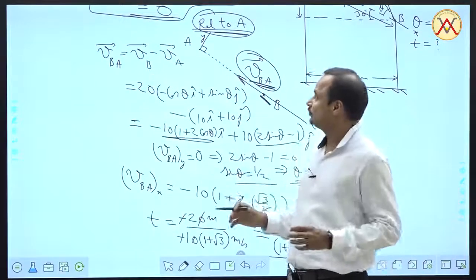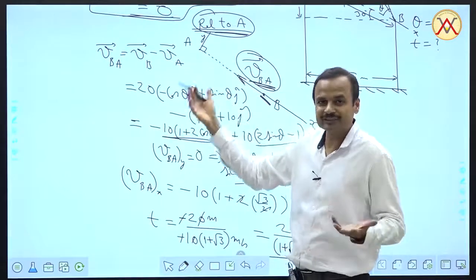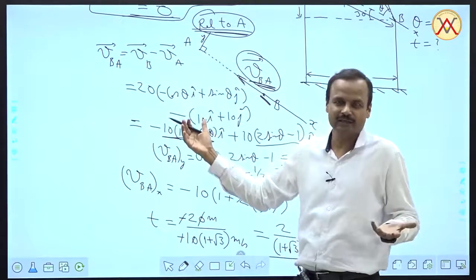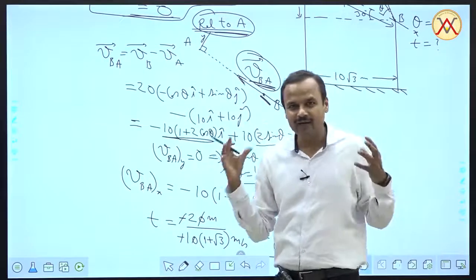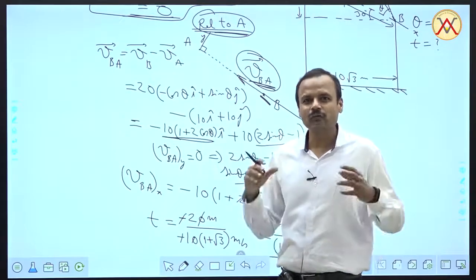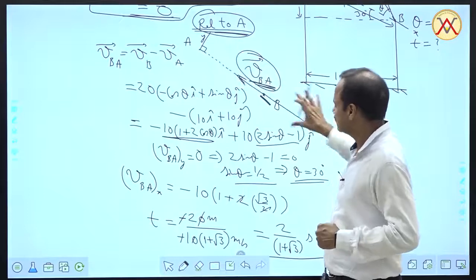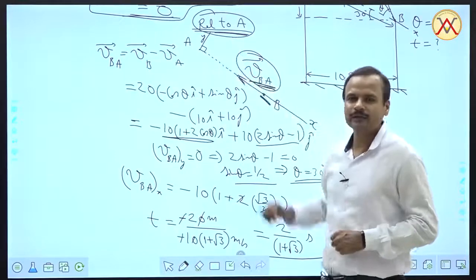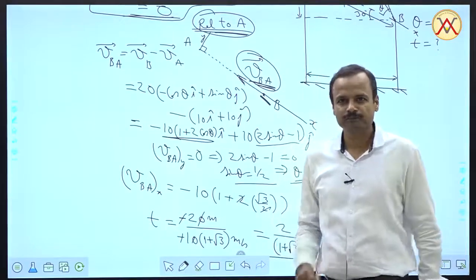You have to think from the point of view of one observer, which itself is accelerated in this case, like a projectile. But the fruits of this hard thinking are wonderful. This difficult problem reduces to this reasonably simple problem. That is the power of relative motion.